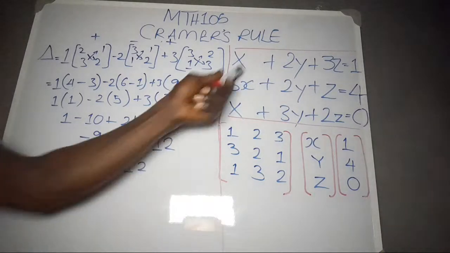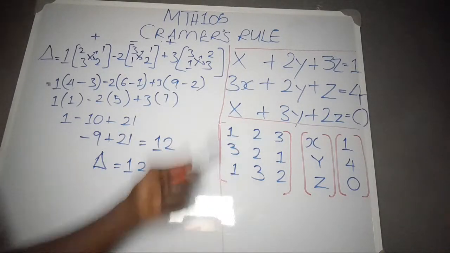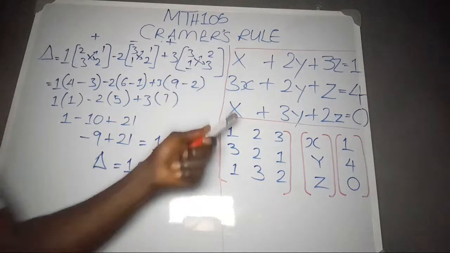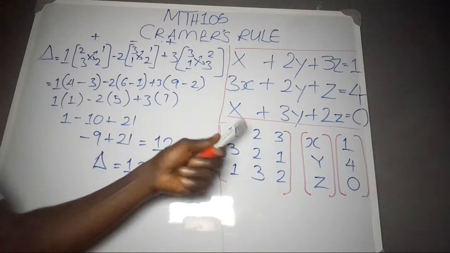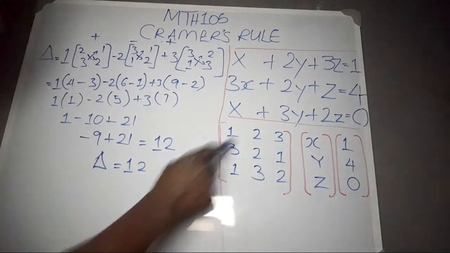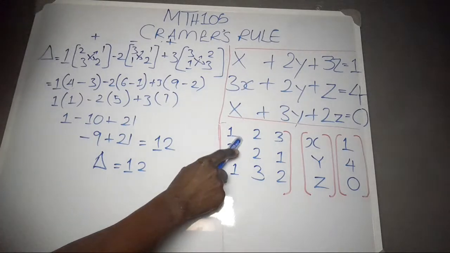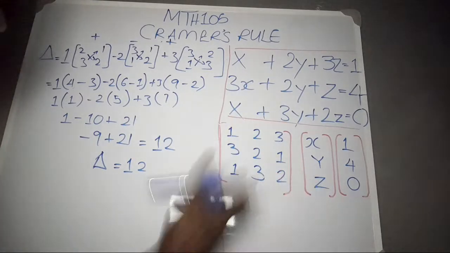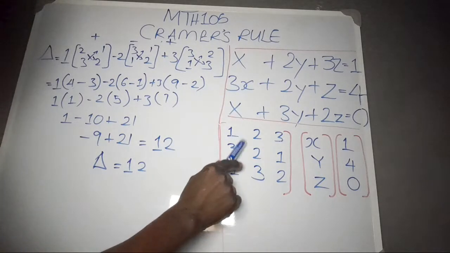So we are going to eliminate x to interpret the equation into a matrix. Then we eliminate x and bring forth its coefficient, which is 1. And that's why you see this 1 here. So don't be confused, don't get lost.